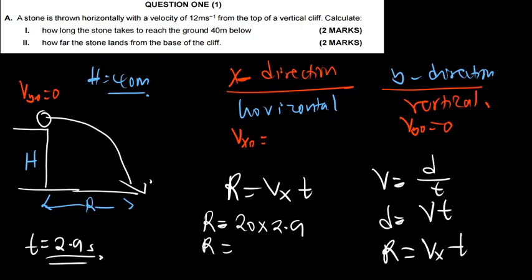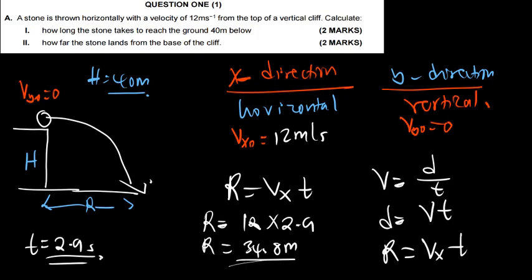I don't know where I was getting 20. So even here I'm supposed to replace it with 12 times 2.9. So 12 times 2.9 is 34.8. So 34.8 is my range.